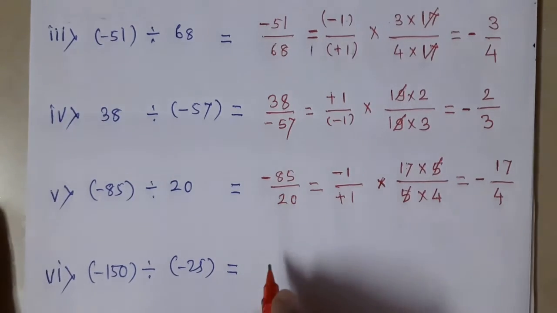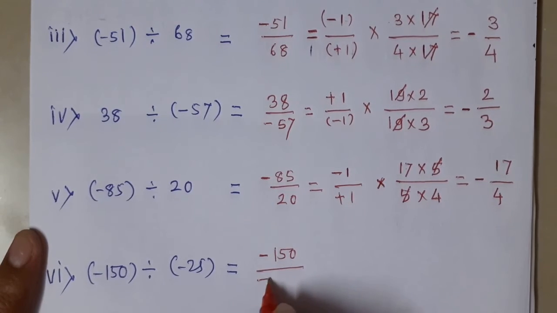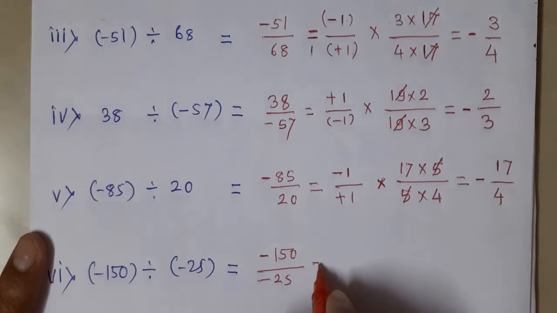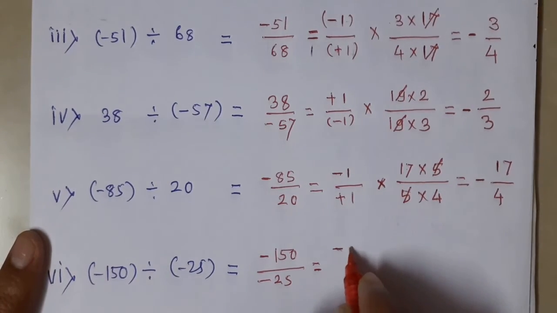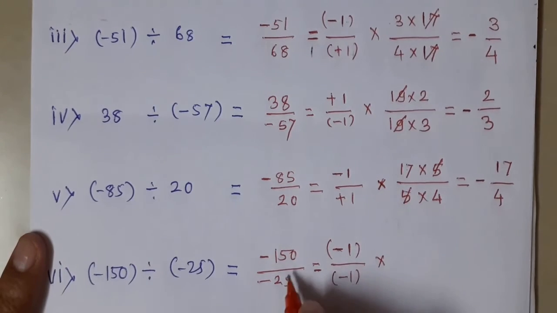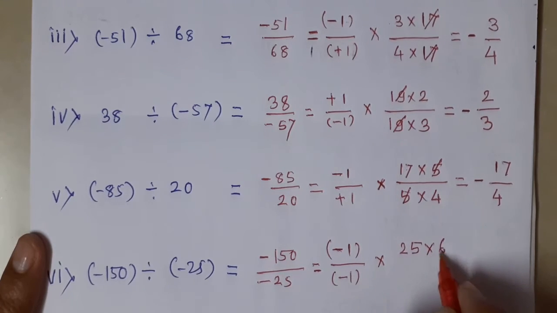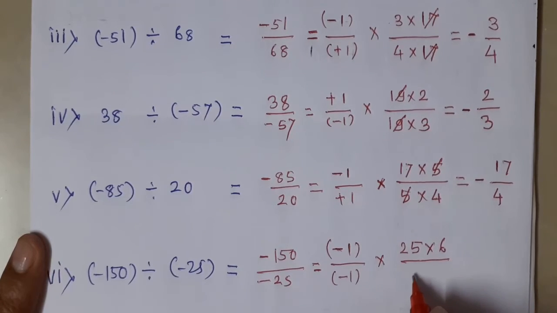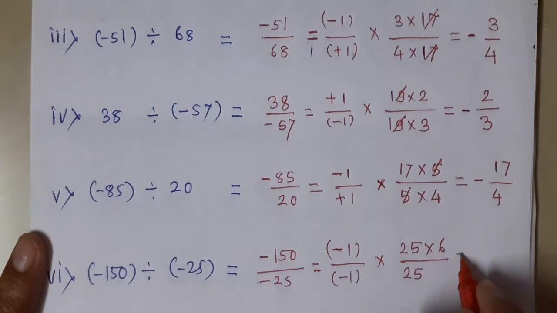Then this example: minus 150 divided by minus 25. I write minus 1 divided by minus 1, multiplied by 25 sixes are 150 over 25.